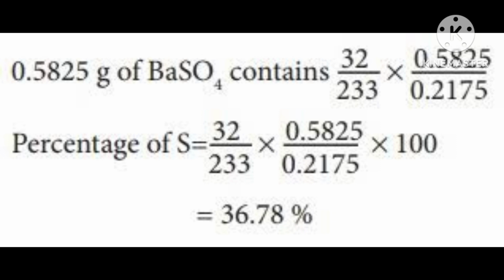Now the percentage you have to calculate. Very easy. The mass of compound given is 0.15 gram of organic compound. Suppose the bromine mass is Z gram. Then 0.15 gram of organic compound gives Z gram of bromine.